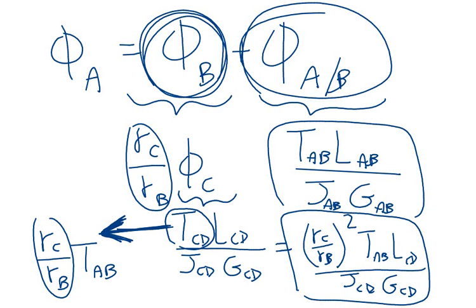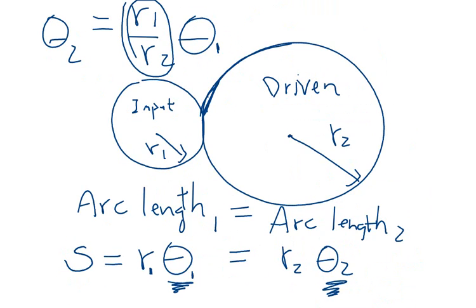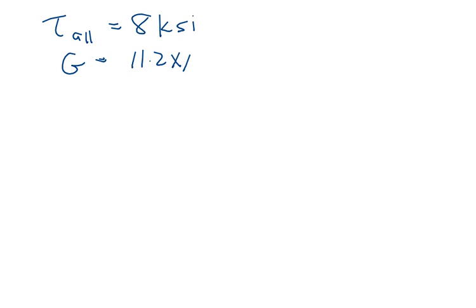Okay, so let me go to the next page. We could erase this. Okay, tau allowable is 8 KSI. Okay, G was 11.2 times 10 to the 6 PSI.